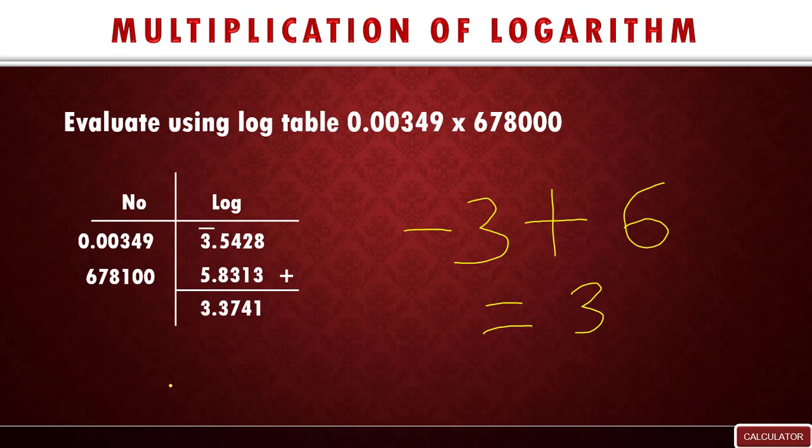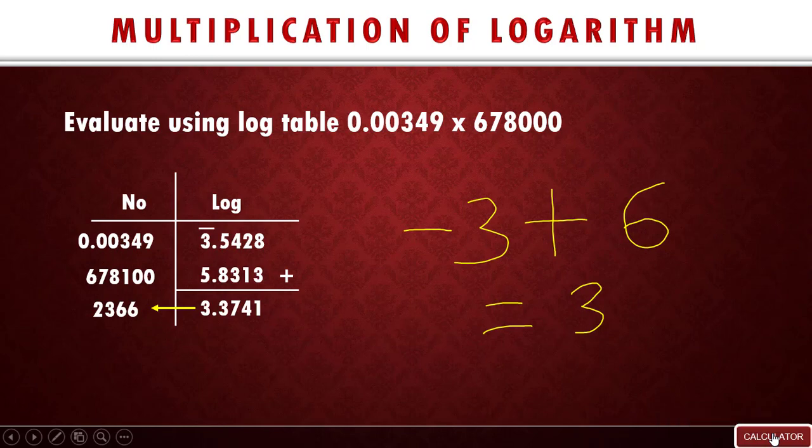Then the next thing will now be for us to determine our antilog. So our antilog will be 2366. Let's try to use our calculator to find that, so that we want to know whether this answer is correct or not.